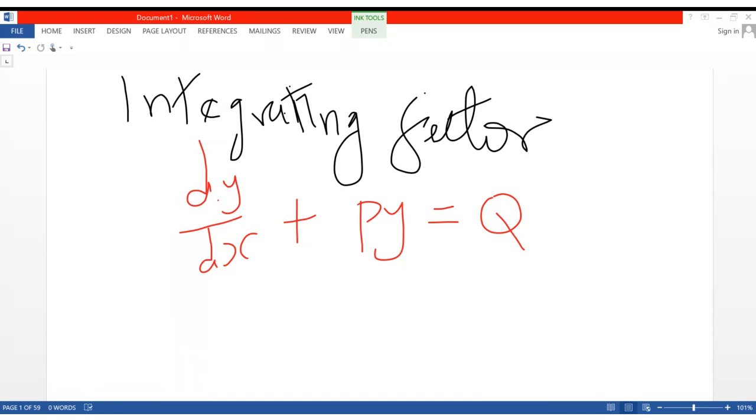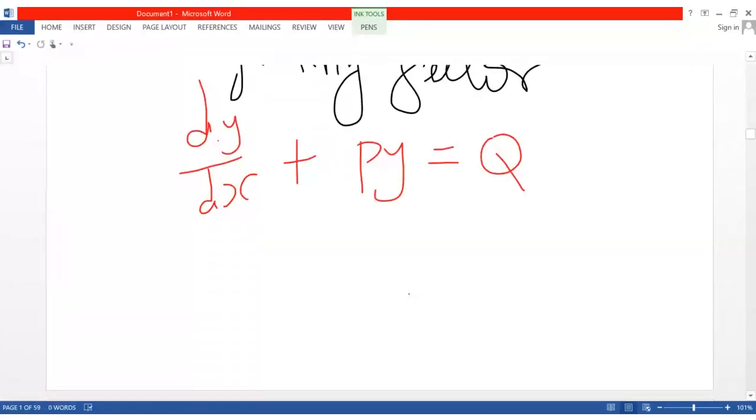So in the integrating factor method, we use it to integrate equations of this form by introducing an integrating factor. The integrating factor, I'll call it IF. What we normally do is introduce the integrating factor, exponential of the integral of P dx.